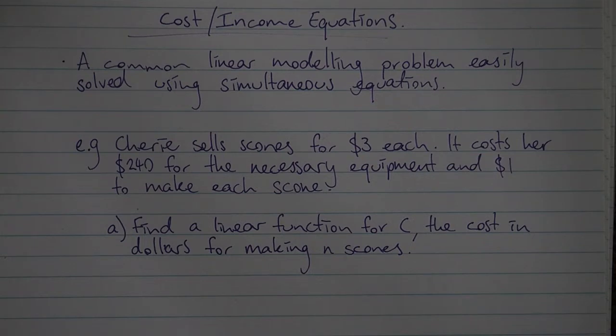So you're actually creating your two equations that you will then solve in order to be able to answer the problems that come later. This is a really common problem, and they usually follow this process, but it is super important that you're able to recognize that you need to form two separate equations.